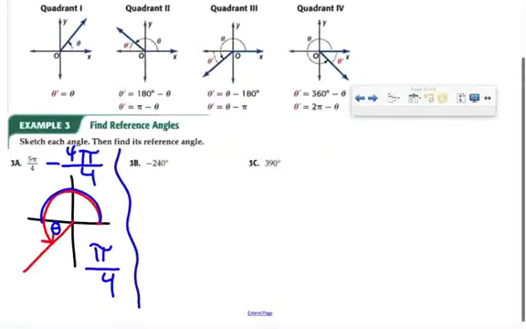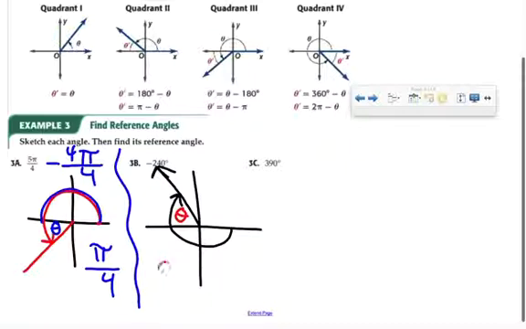Part B, negative 240 degrees, means I'm going clockwise. This is 180, and then I have to go 60 more to get negative 240. So there's my negative 240 degree angle. Here's my theta. And if you were listening, I said I had to go 60 degrees past the 180.